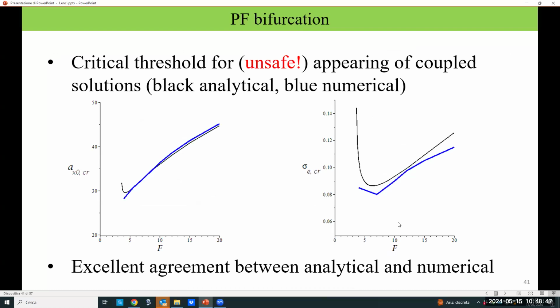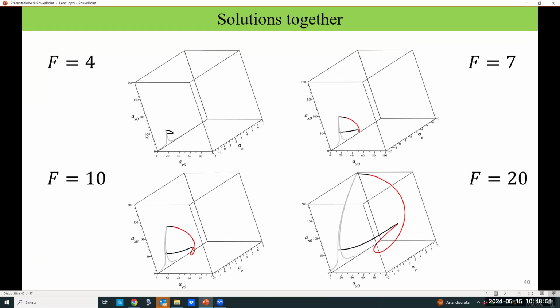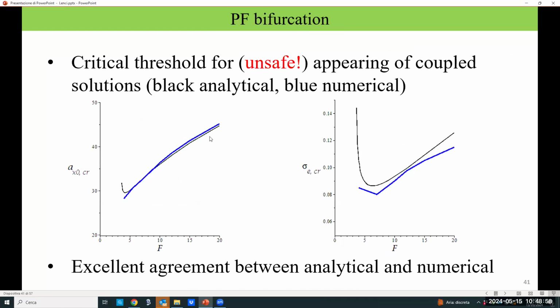Okay. Now, let us collect here the values of the excitation amplitude when this phenomenon triggers as a function of F. And you see this picture, and you see that with increasing excitation amplitude it is activated for these critical values of the vibration along the wind, and also for these critical frequencies.